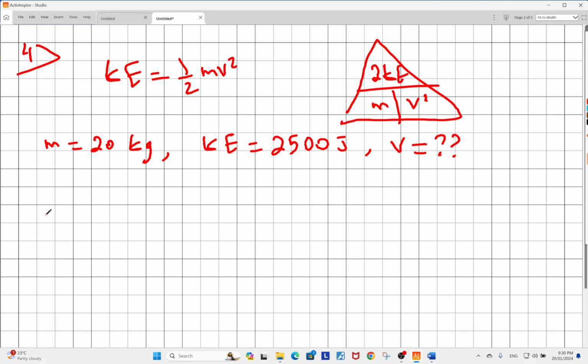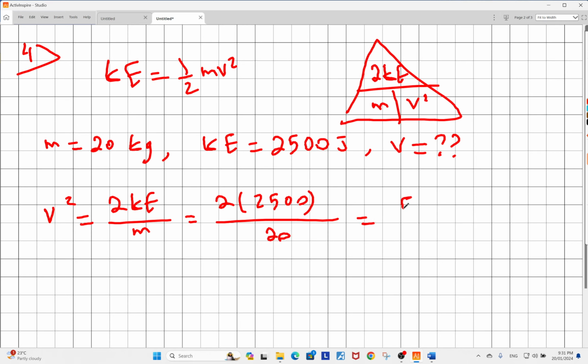Remember that first we need to find v square, which is the double of KE divided by m. That would be the double of 2,500 divided by the mass, which is 20. That would be 5,000 divided by 20, which is 250.